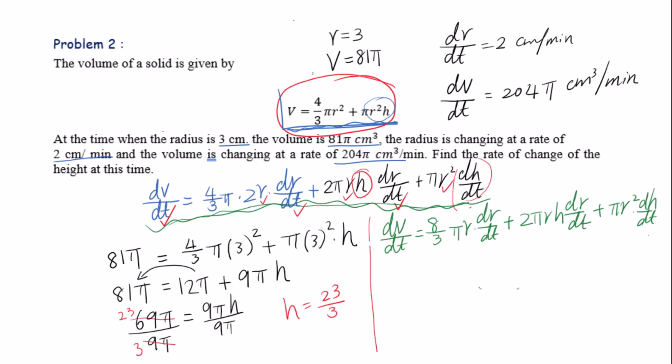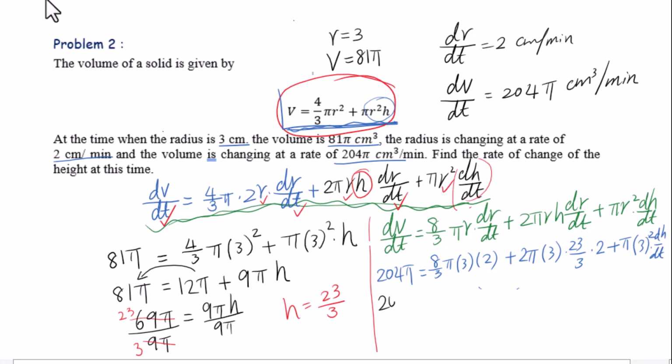Then we will do the substitution. 204 pi equals 8 over 3 pi times 3, dr/dt is 2, then plus 2 pi times 3, h is 23/3, then times 2, plus pi times 3 squared times dh/dt.